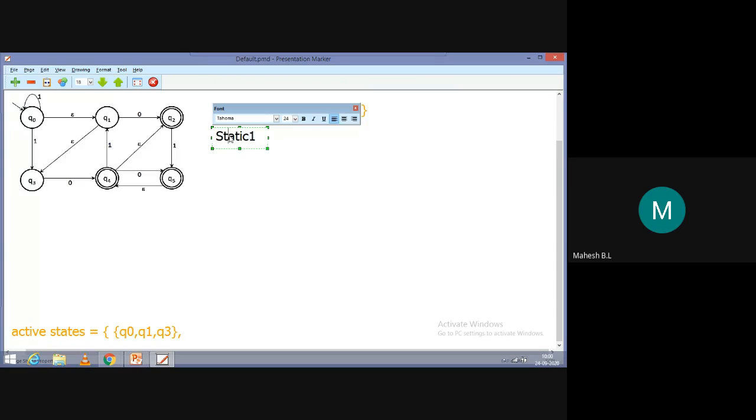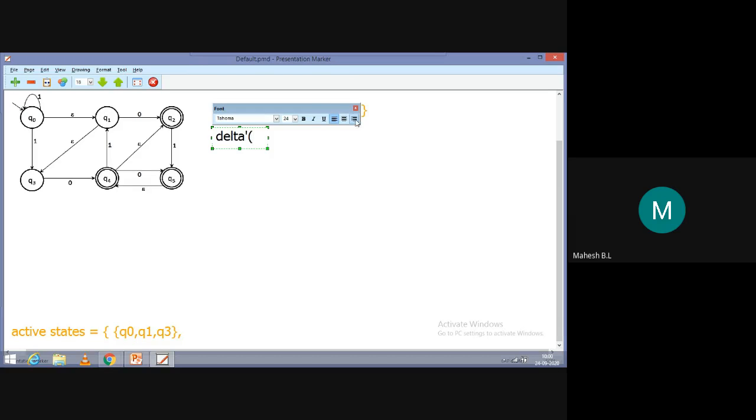Now the next step is to compute the transition function for the DFSM. You know the notation, delta. I'm going to write it as delta only because there is no way to type that particular symbol here. We are going to call it delta dash. Delta is for the NDFSM, delta dash for the DFSM that we are going to compute.